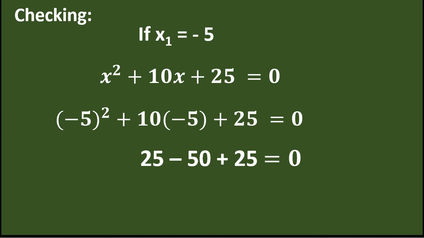Bring down 25 equals 0. So we have 25 minus 50, that is negative 25, plus 25, we have 0. So 0 equals 0. Therefore, we can accept negative 5 as the solution to our quadratic equation x squared plus 10x plus 25.